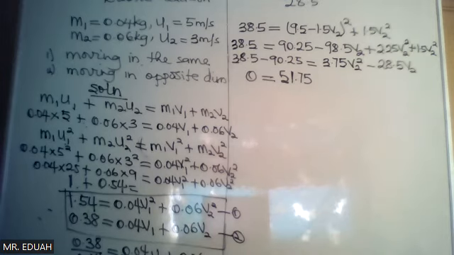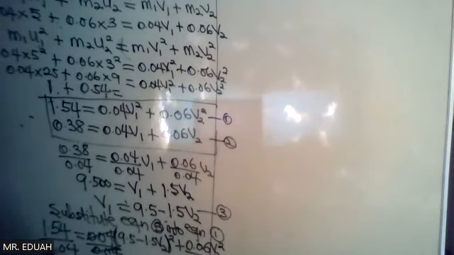I've even marked where we substituted here, and then 1.54 divided by 0.04. Do that for me. Let's see what that will give you.